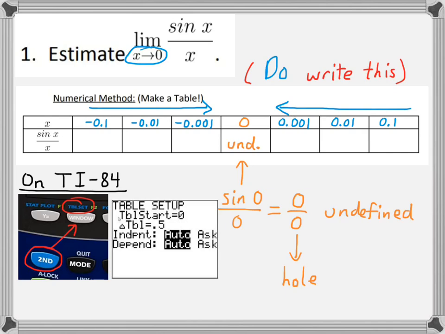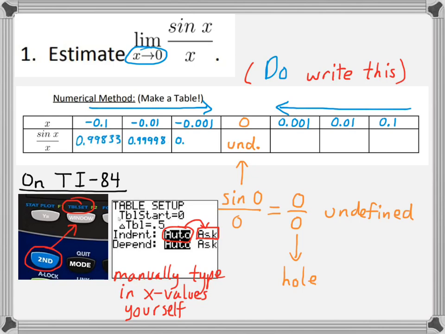If you change the independent variable from auto to ask, then you can manually type in the x values yourself, allowing you to create whatever table you want rather than the default table that the TI gives you of counting by ones. If you do that, let me just generate those values for you now.